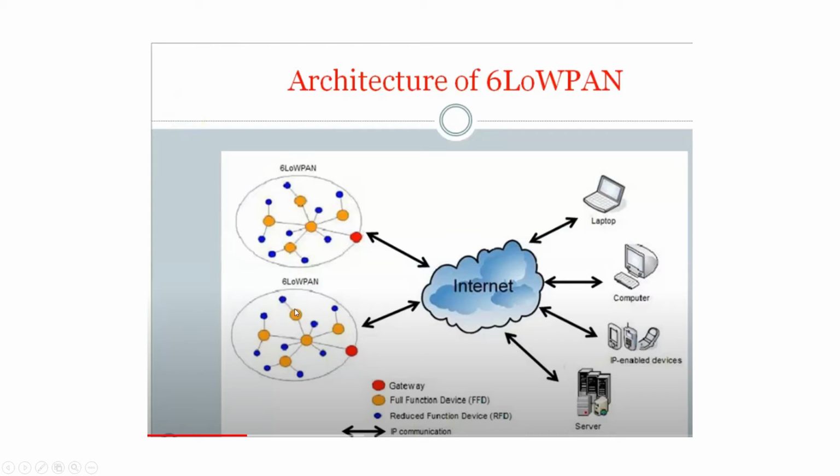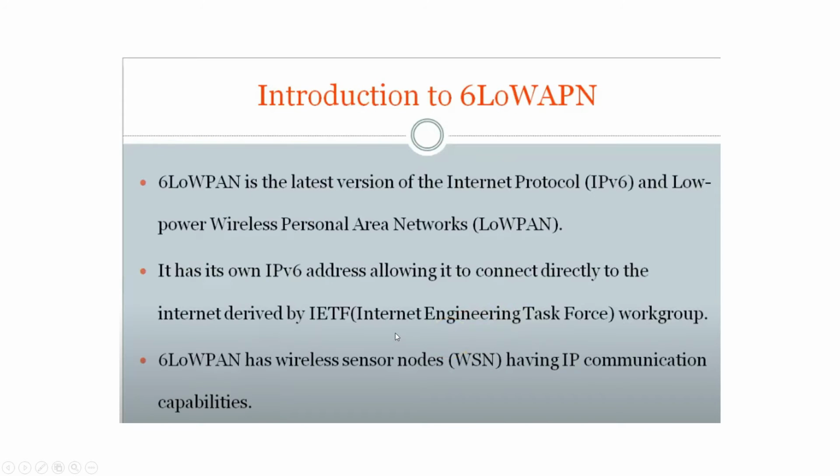The same thing is given here, and we can have more than one 6LoWPAN, okay. And here you can find one more extra element, okay. In addition to the things we have discussed, we have one node highlighted in red color. It is known as a gateway, okay. So that is the thing they have mentioned, okay.